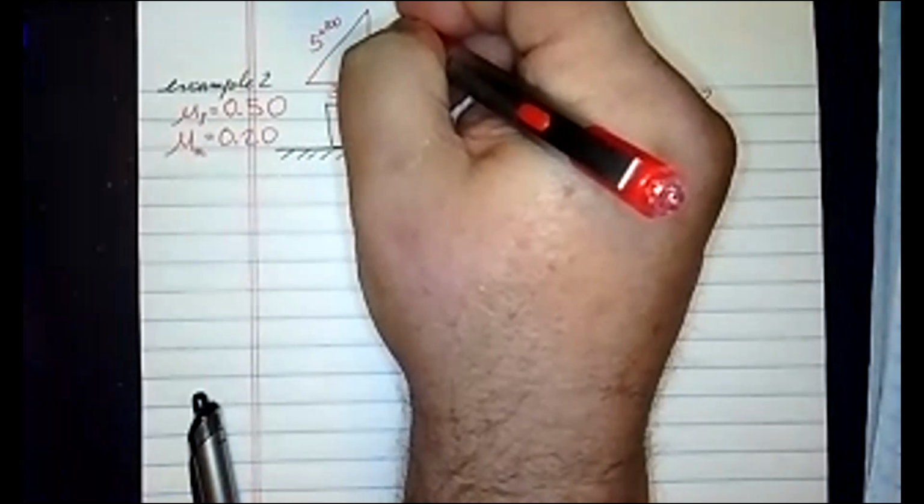So in this case, now this time it's going to be 3 times 200, because 5 times 200 gives me 1,000. And this one will be 4 times 300, or excuse me, 200. And this is the 36.9 degrees. Okay. So my free body diagram is going to be this.